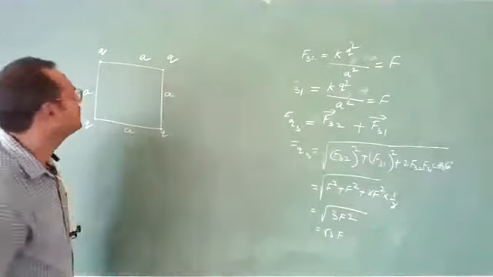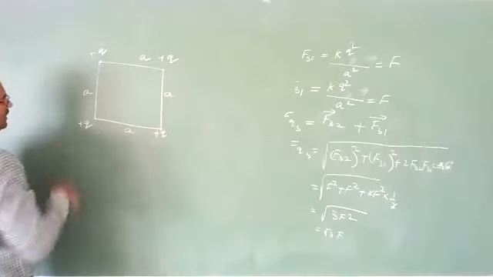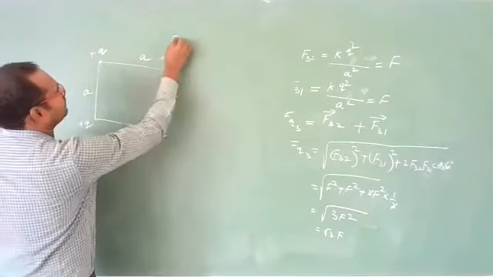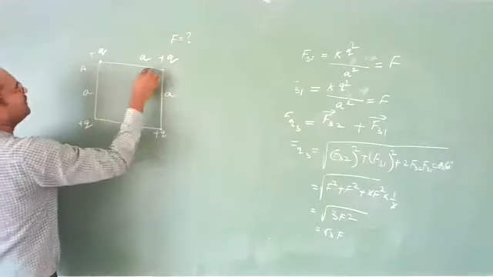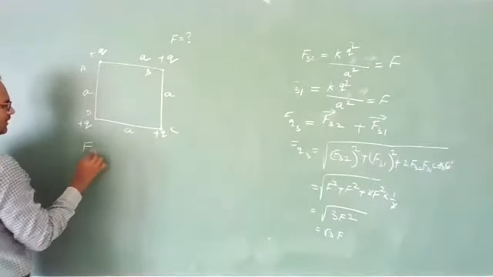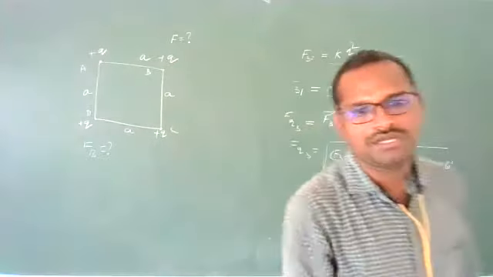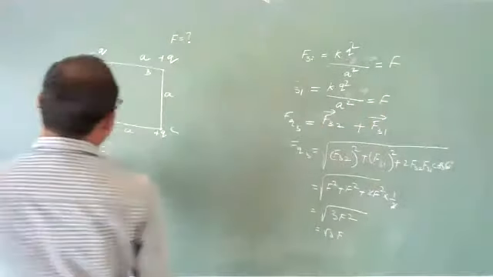I want to know what is the force on the charge at corner A, B, C, D. What is the force on corner B? On the B corner, a charge is there. On that charge, how much force is acting? We need to find.